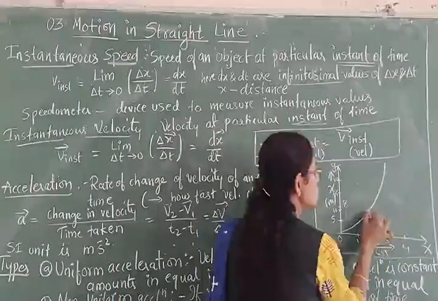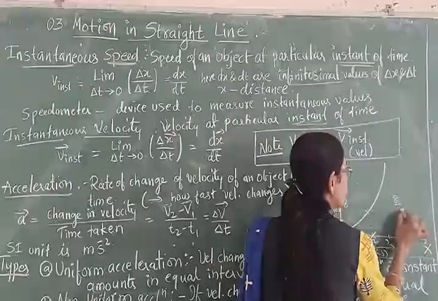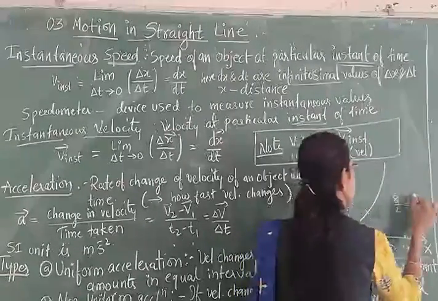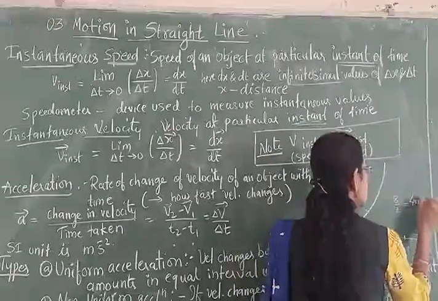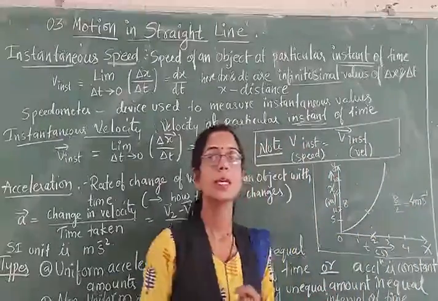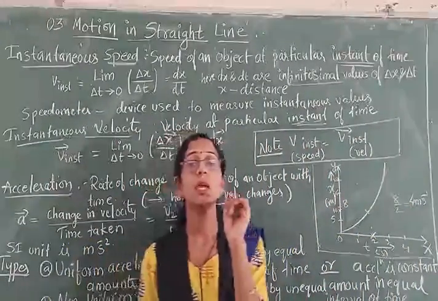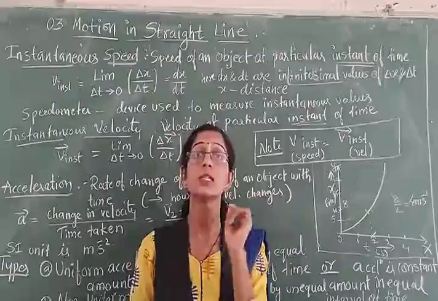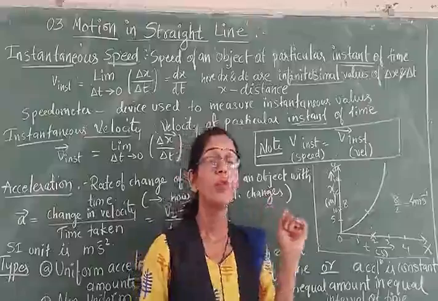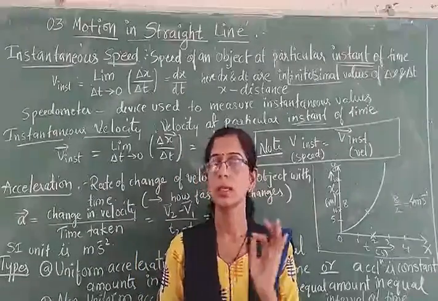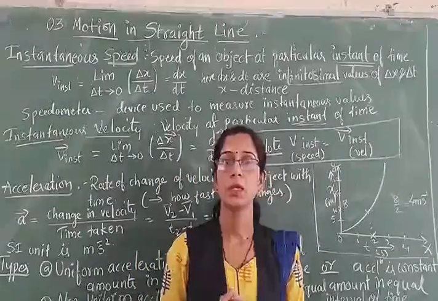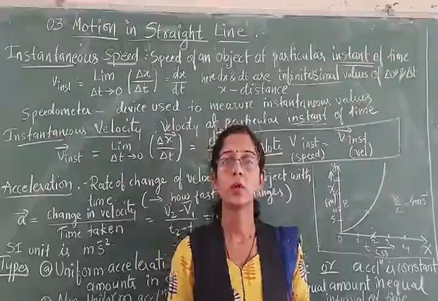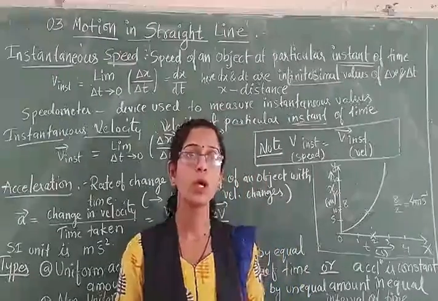Numerically, 8 divided by 2 is 4 meters per second. Meaning when the time is 2 seconds, the object had attained a speed of 4 meters per second.